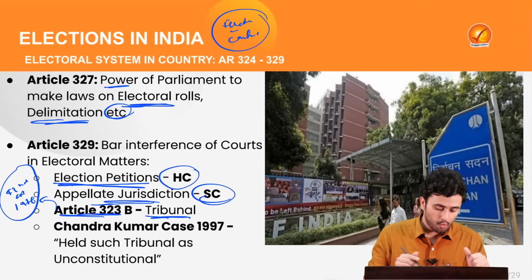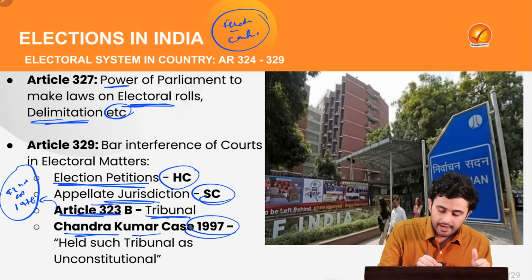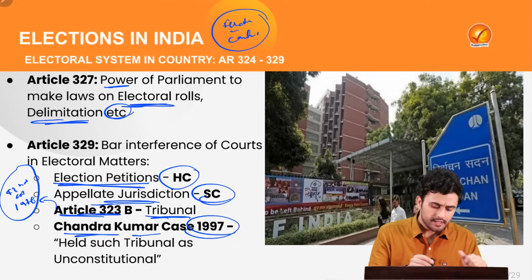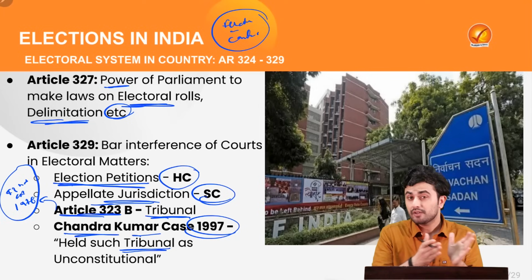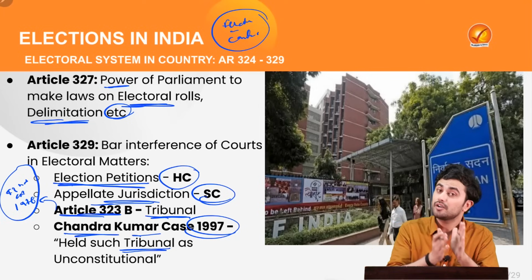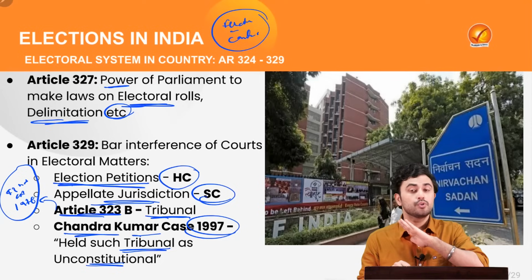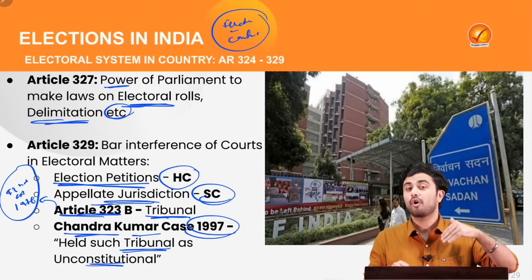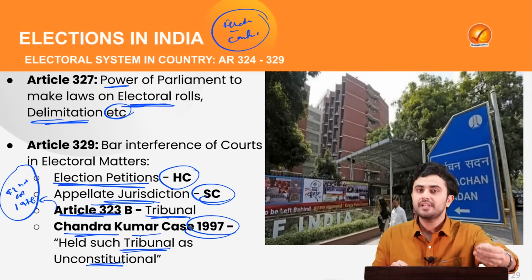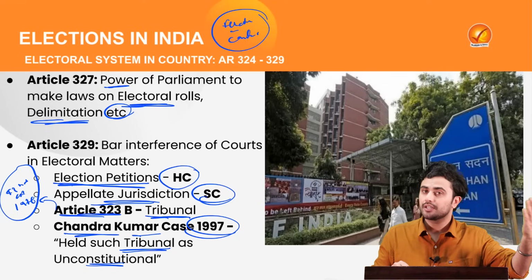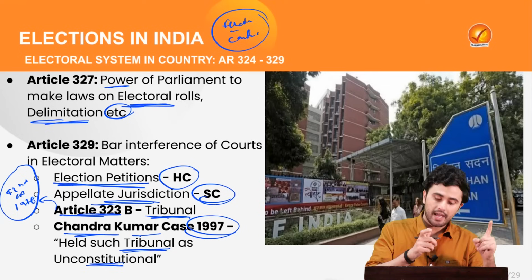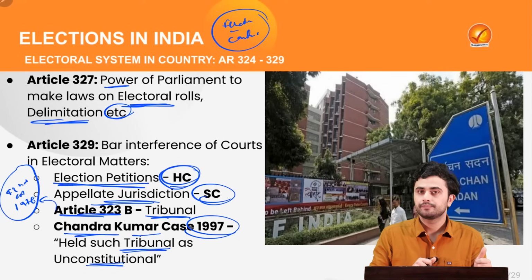However, the Supreme Court in Chandra Kumar case 1997 held any such tribunal related to election disputes as unconstitutional. Keep this in mind that till now no such election tribunal has been formed in our country, and even if they are established in the future, the appeal will lie to the High Court.